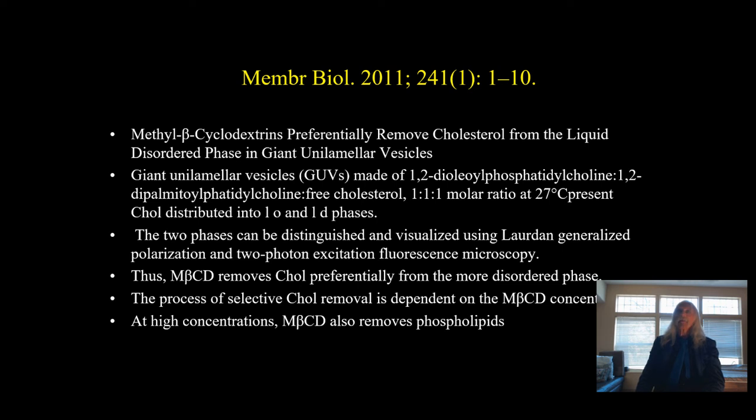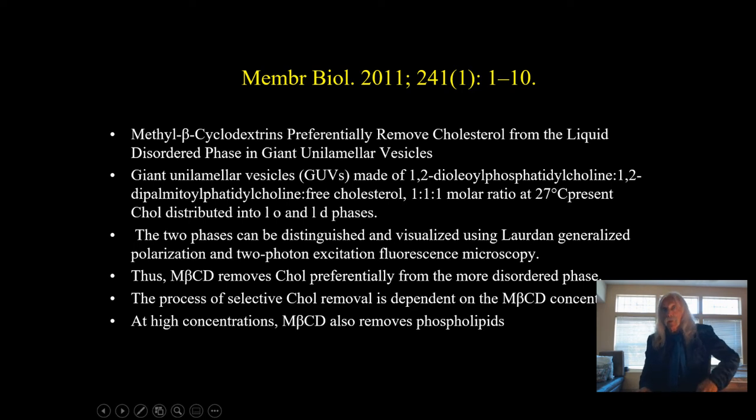But this is how they made the GUVs, and it had to be a three-way split to make them turn into unilamellar vesicles, because they also added cholesterol at a 1 to 1 to 1 molar ratio. And they did it at 27 degrees, and it presents with cholesterol distributed into the Lo and Ld. That's the liquid ordered phase of the membrane, and the liquid disordered, liquid crystalline phase of the membrane structure.